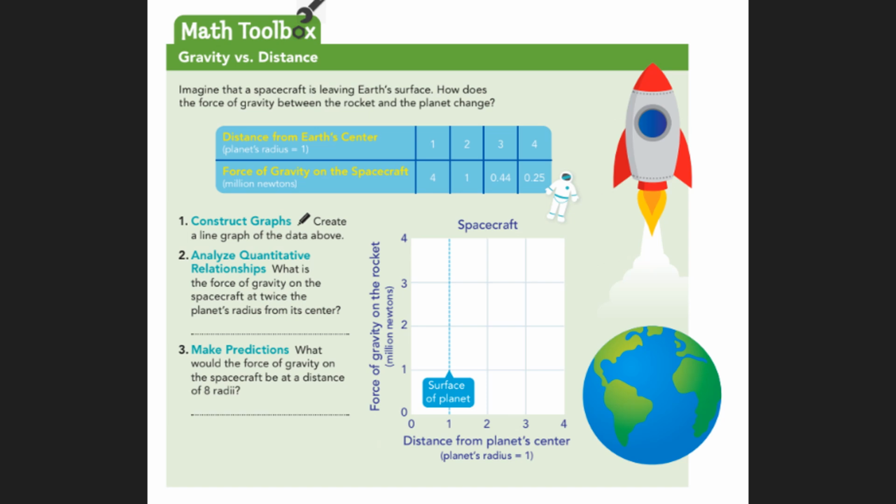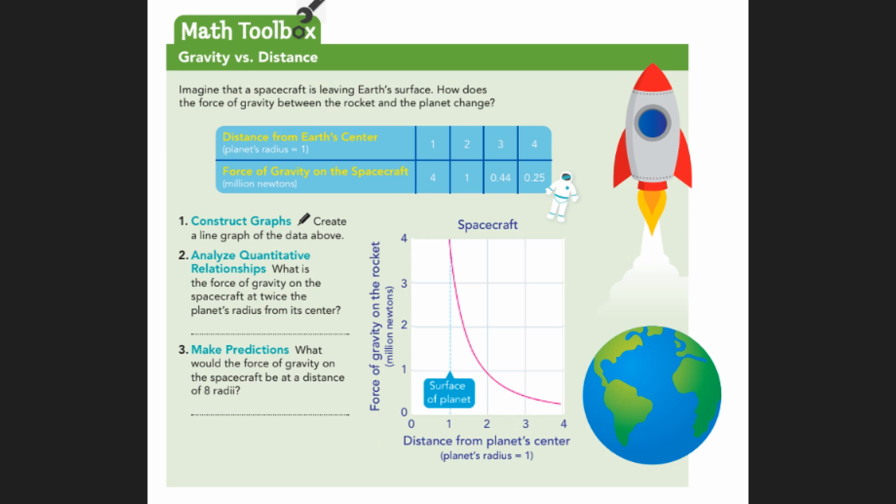We're going to find 1, go up to 4, draw a dot, go to 2, go up to 1, draw a dot, 3, go to 0.44, draw a dot, and 4, go to 0.25, draw a dot, and then connect those dots, and our line graph should look something like this.